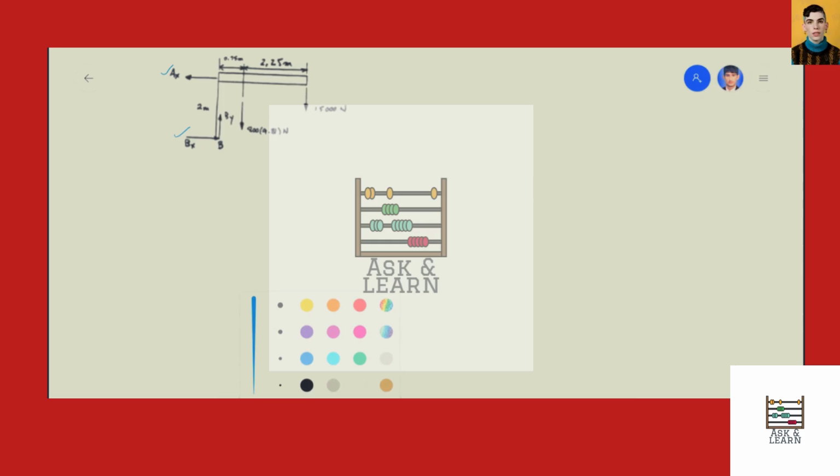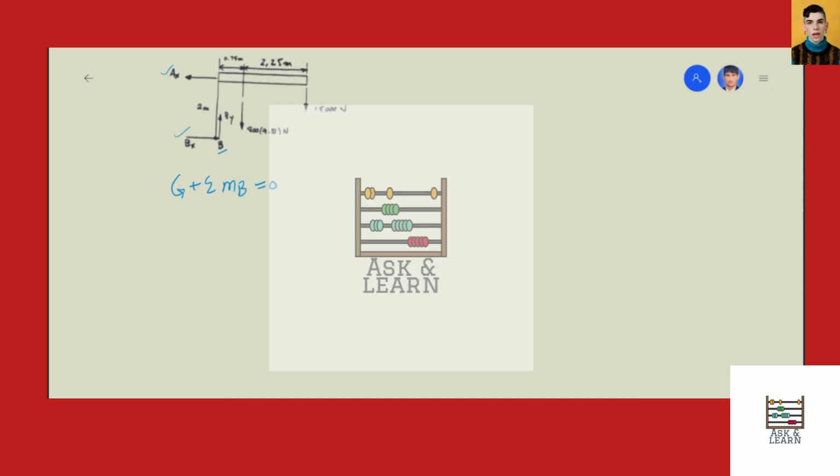For finding these two reaction forces, we need to use the moment equation. So we will find the moment about point B. It is a law that the summation of all moments about point B is equal to 0.